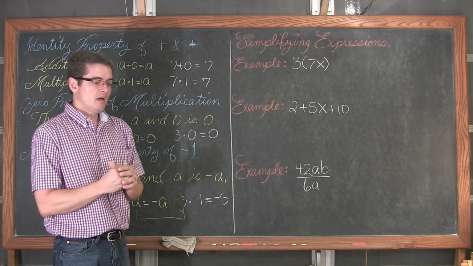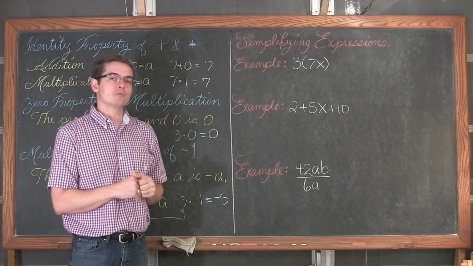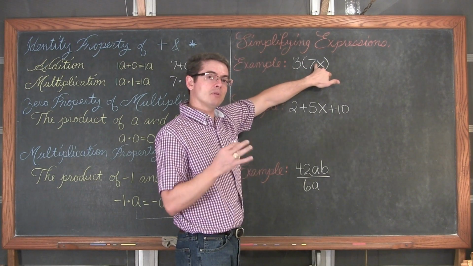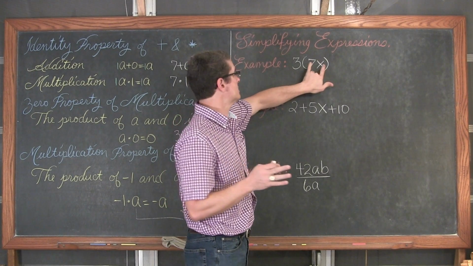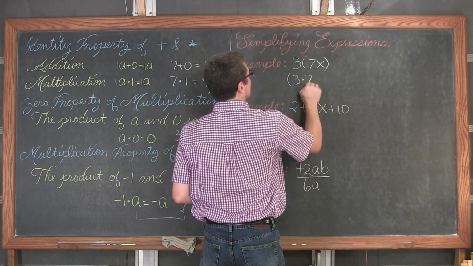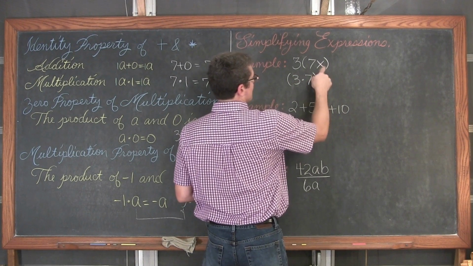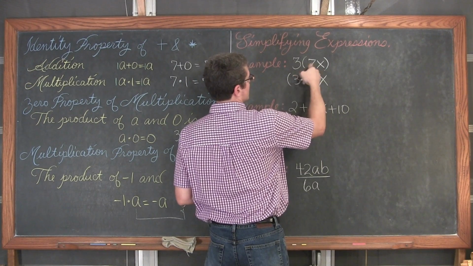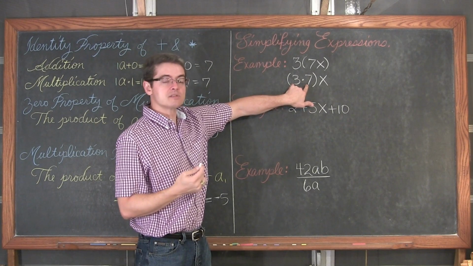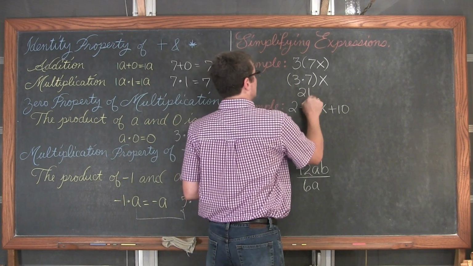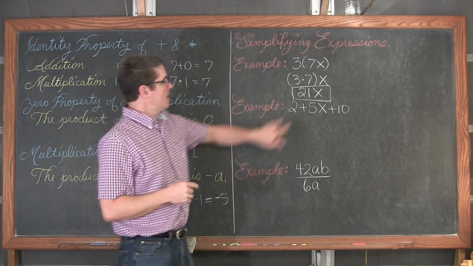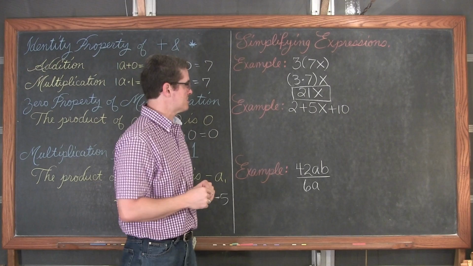But if you're using these new properties of real numbers that I gave you, you would actually recognize that all of this is being multiplied together, so you can apply the associative property of multiplication to move the parentheses away from the 7x, and regroup the 3 times 7 instead, and do that first. And you really see here now that this is 3 times 7, or 21x, and that is the simplified form of 3 times 7x, done with the associative property of multiplication.